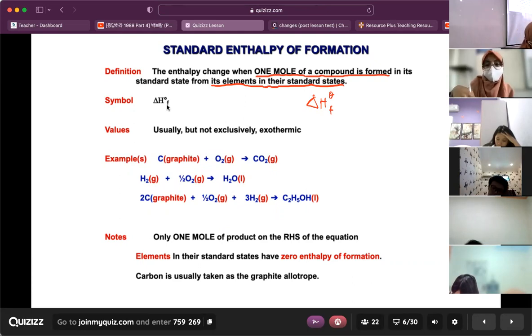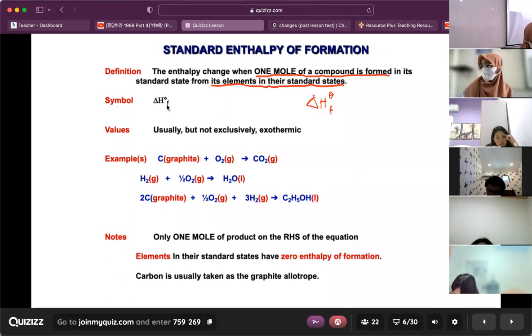It depends on the reaction. It's not always positive or negative. It's not always exothermic or endothermic. It can be exothermic and it also can be endothermic.